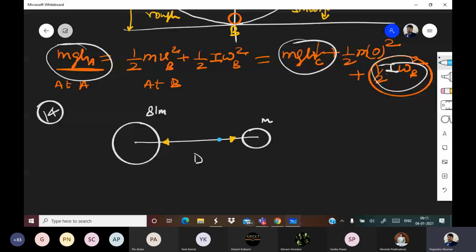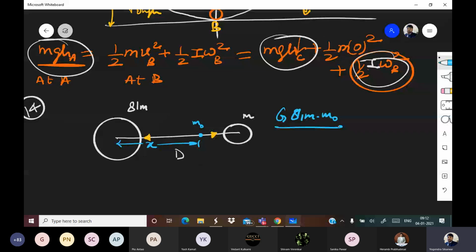We are considering that the mass of object is m naught, which is kept here. So G into 81 m into m naught upon x square must be equal to G into m into m naught upon (d minus x) whole square, because total distance is d.